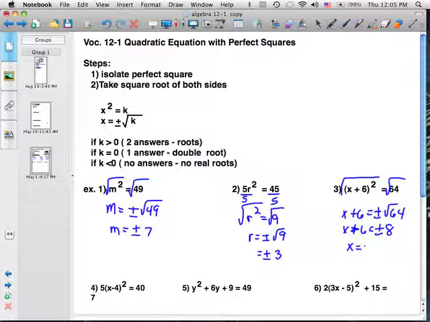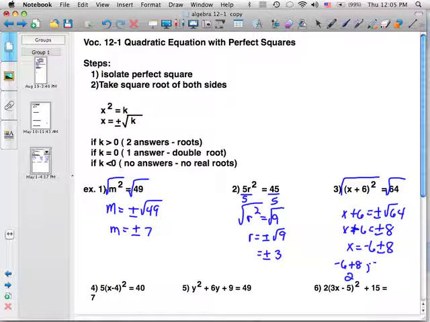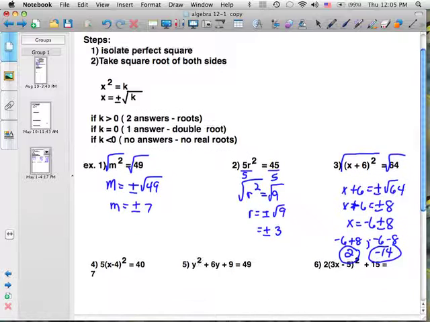We get x equals negative 6 plus or minus 8. So there are two answers, negative 6 plus 8, which would give me 2, and negative 6 minus 8, which would give me negative 14. And we could check that negative 14 plus 6 is negative 8 squared, works, and 2 plus 6 works. So there are two possible solutions.